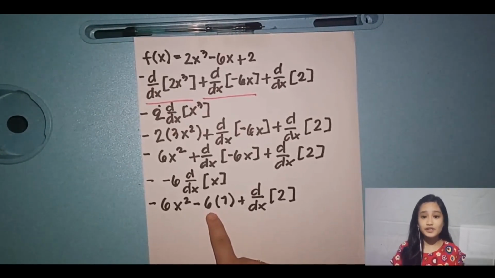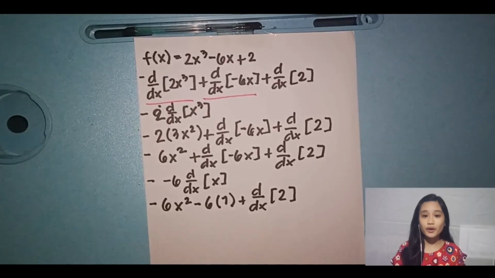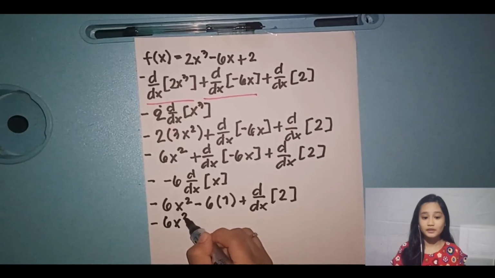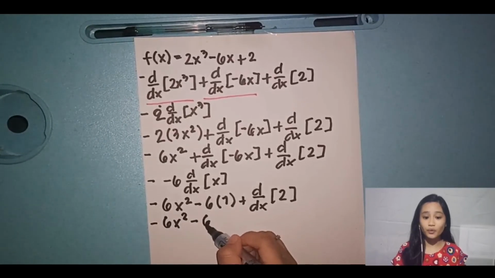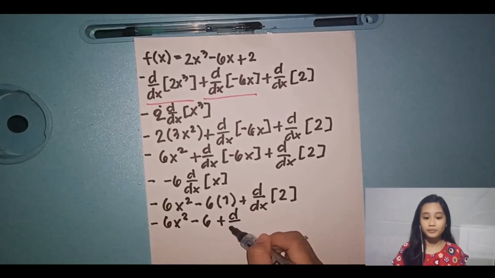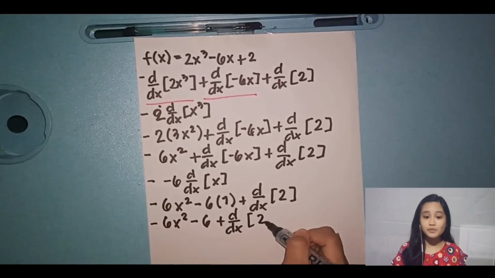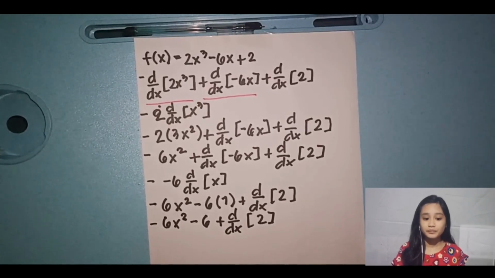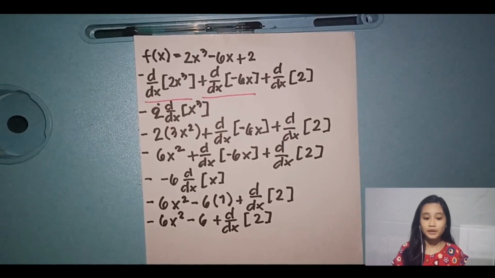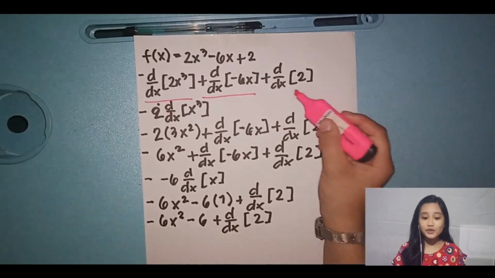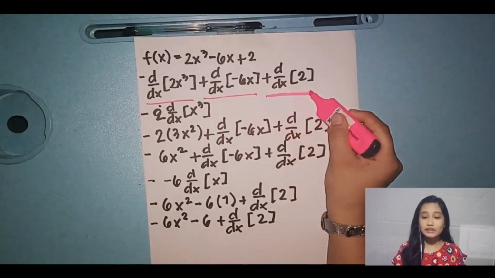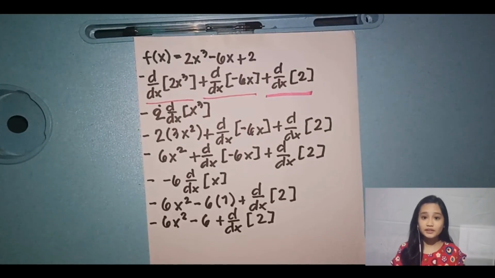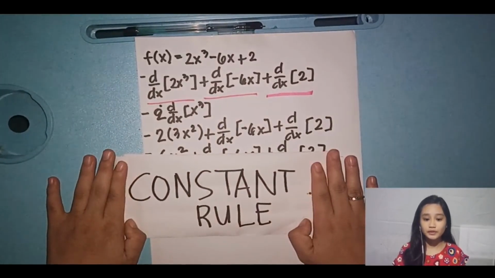Multiply negative 6 by 1, then the equation should be 6x squared minus 6 times 1 plus d over dx times 2. Lastly, differentiate the last term, which is d over dx times 2, using the constant rule.